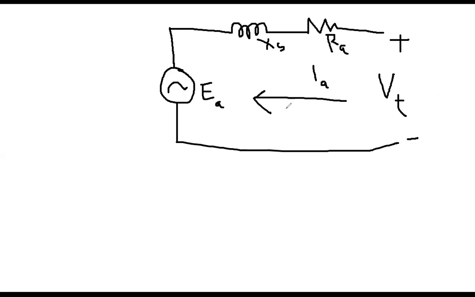Based on this diagram, with this current flow direction, the equation will be EA equals VT, the terminal voltage, minus IA times (RA plus jXS).